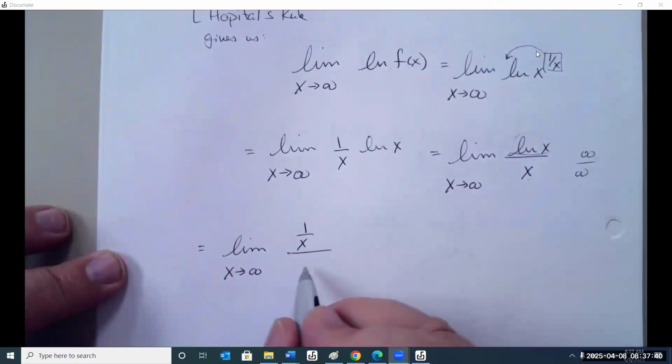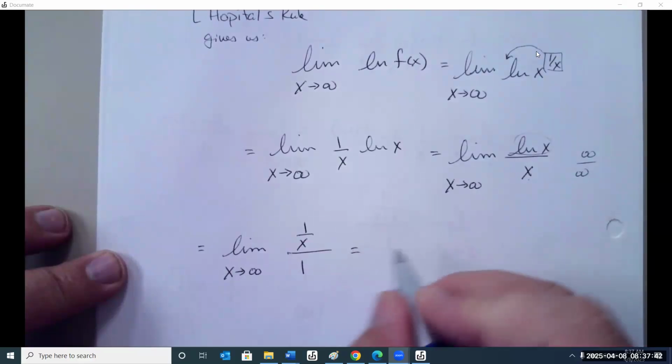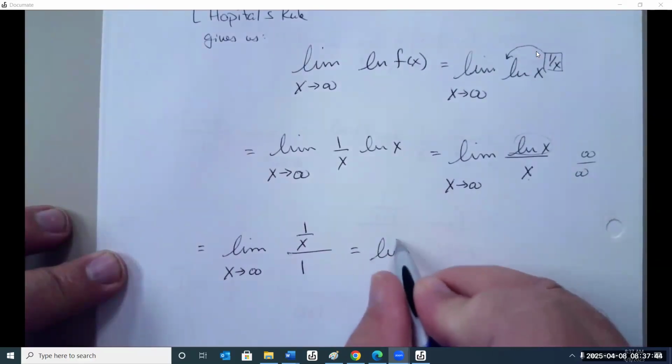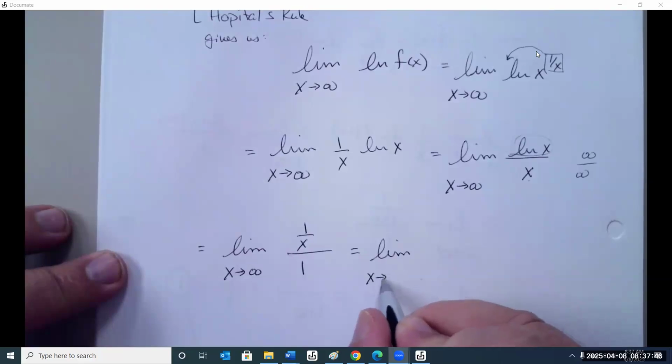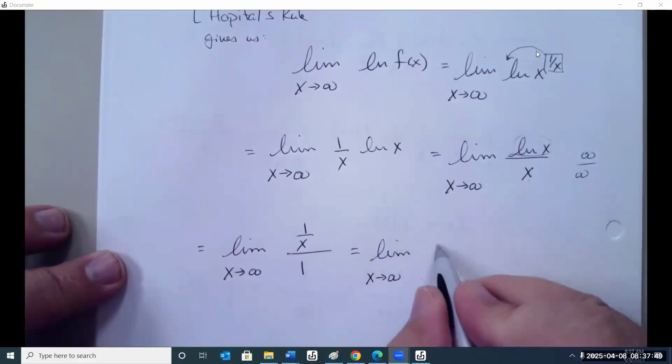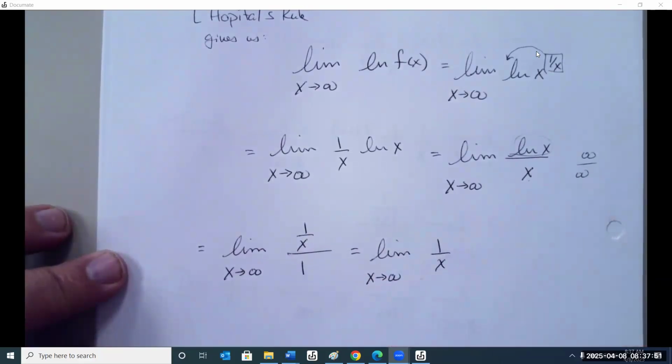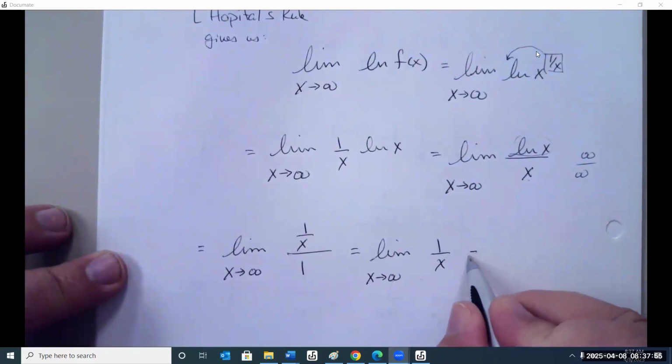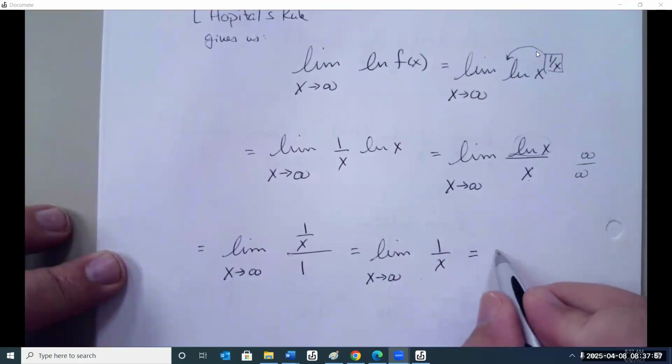The derivative of x is 1. So this becomes 1 over x. As x goes to infinity, this goes to 0.